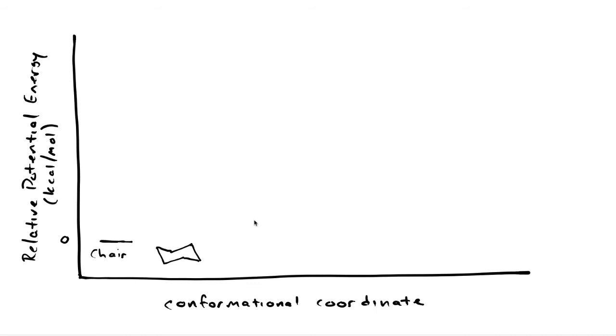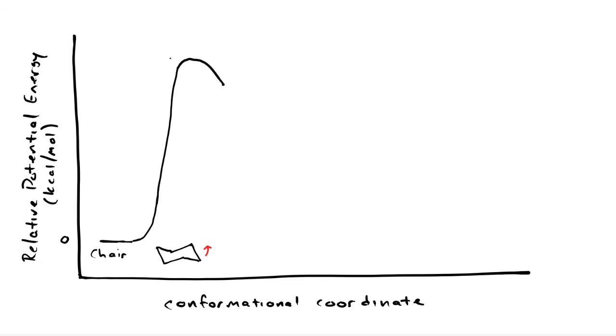So now what's going to happen first is we could pick one of these sides. I'm going to pick the right side. This carbon right here is going to lift up a bit. It's going to lift up, and we're going to have a process that takes us all the way. Let me try to redraw that. Draw this a little bit clearer. It's going to go all the way up here and then back down.